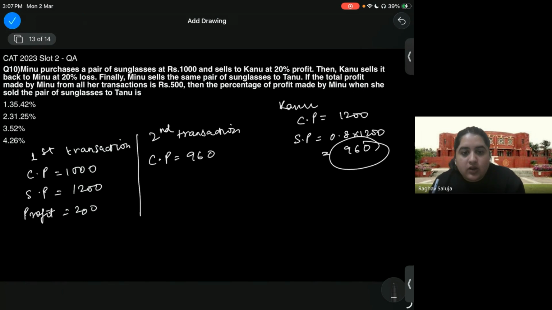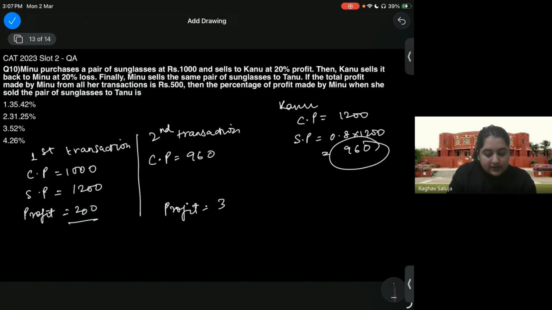The cost price is going to be 960 and we know that our total profit is 500. In the first transaction, she made 200. So in the second transaction, she has to make the remaining profit. That is nothing but rupees 300. Now we need to find the selling price.